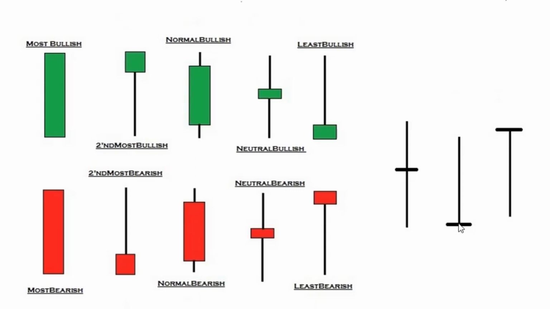As soon as it opened, it started going up. It blasted. But then the bears came in, the sellers came in, and they sold off and recaptured what this candle had gained and closed at the very point it had opened. So this is again a very negative candle. It is not neutral, because just because its open and close are at the same point does not mean the candle is neutral.